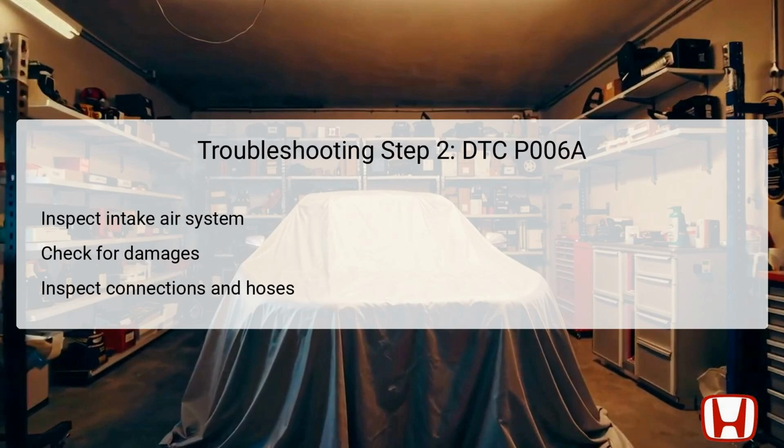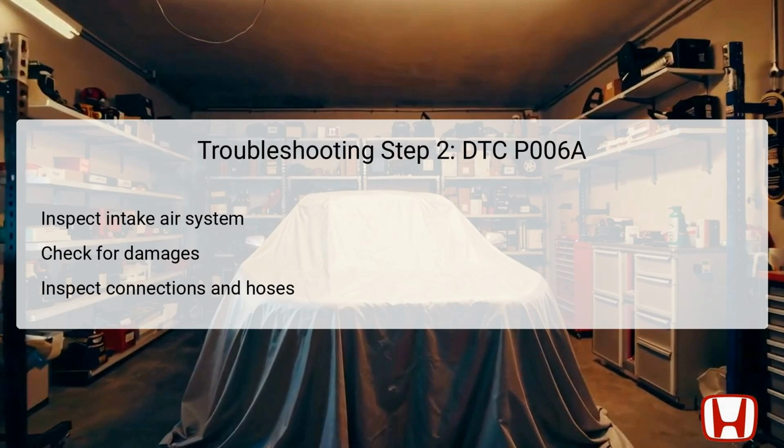For the second troubleshooting step, begin by performing a thorough inspection of the intake air system. This involves checking all components, such as hoses and connections, for any signs of damage, wear, or blockages that could affect airflow into the engine.